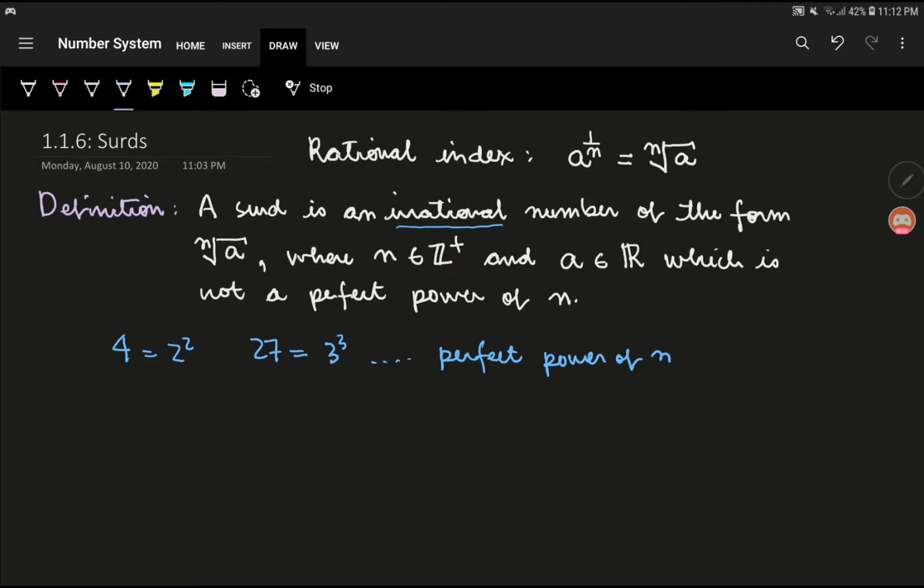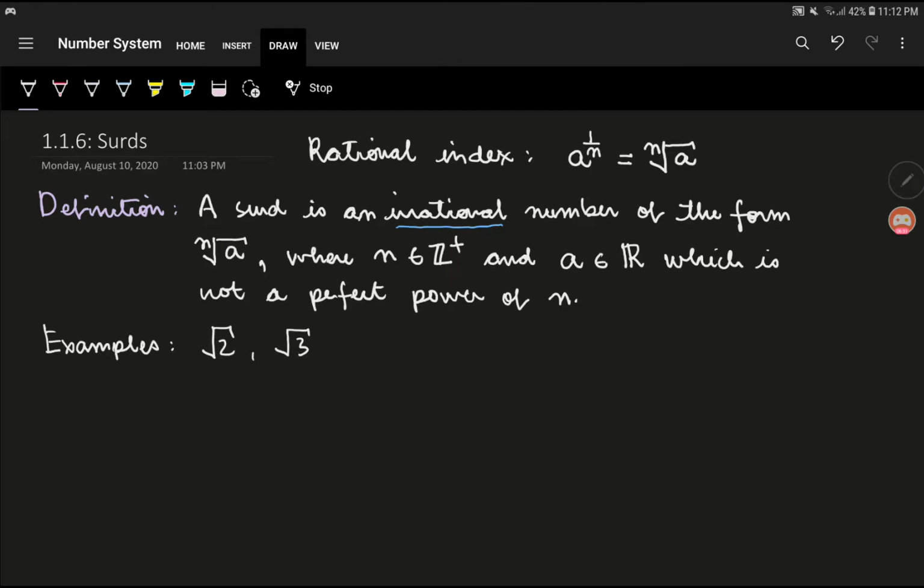So examples of surds are square root of 2, square root of 3, cube root of 4, or the fourth root of 3 also, and the fifth root of 7, and so on. These are a few examples of surds.